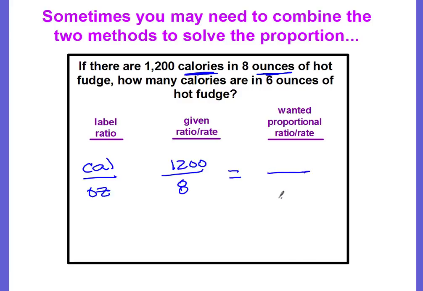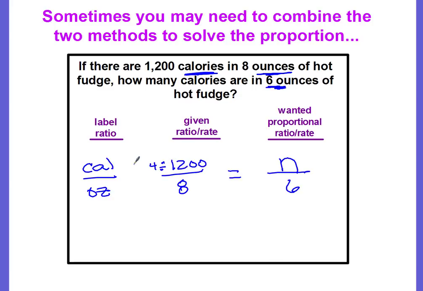And we're going to make an equivalent ratio, and we know in our equivalent ratio we need 6 ounces of hot fudge. So the ounces are in the denominator, 6 goes in the denominator. Our unknown is the number of calories. Can't use a scale factor, cannot go from 8 to 6, but we can definitely simplify. Could divide both by 4.